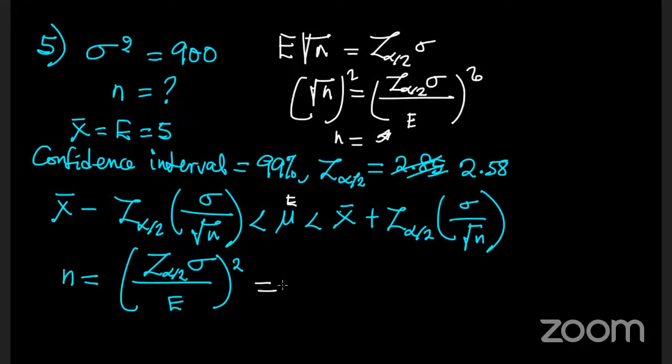So let's substitute our values and see what we'll get. This is 2.58 times, right. Okay, this is the variance, right?